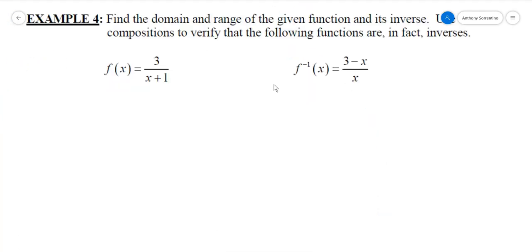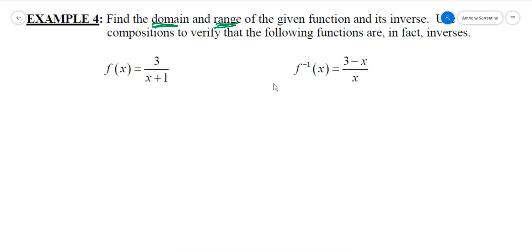Now these are both rational functions, okay? I could talk about the domain and range first without actually going into the process of saying, are these in fact inverses? I want to verify that, but just to move into the discussion we're going to have briefly in example 5, I want to look at domain and range of these two functions.